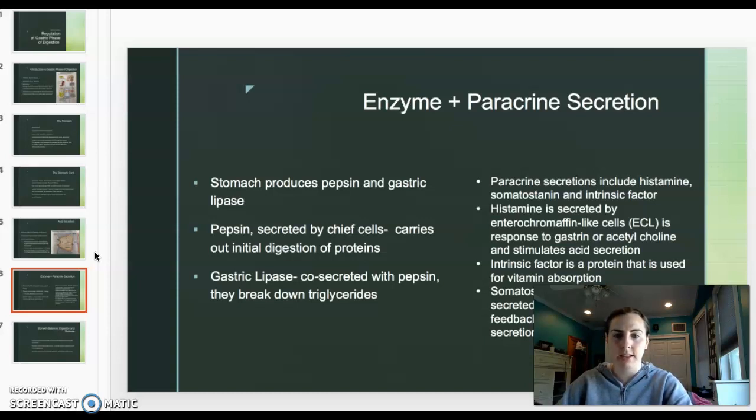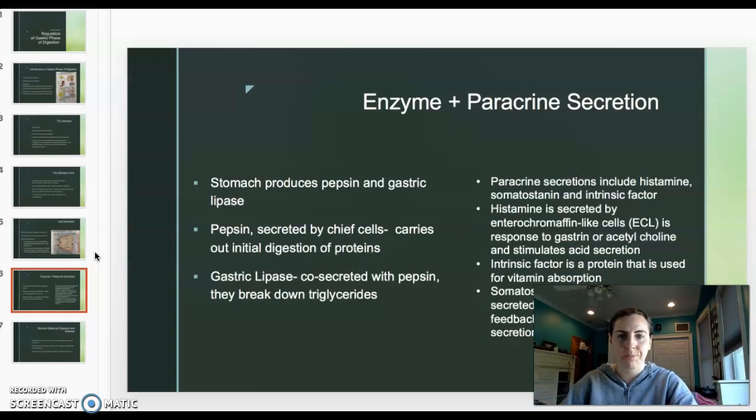We also have the enzyme gastric lipase. Gastric lipase is co-secreted with pepsin, and they break down fats, otherwise known as triglycerides. But something important to note: only one third of the fats that are broken down in the body are broken down in the stomach by this gastric lipase.